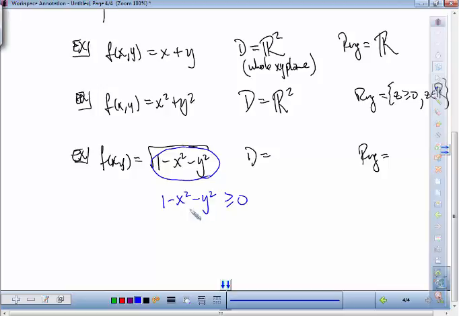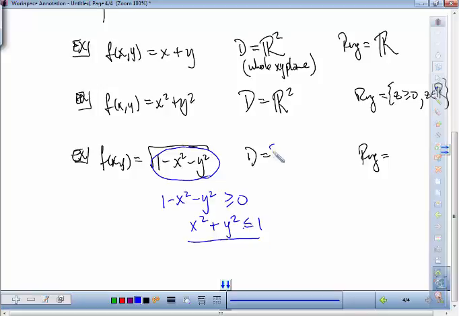So if you were to solve for this, I would bring the -1 over to the other side, and then I would have to multiply or divide by a negative sign, which you know switches the inequality. So after those couple of steps, I'm going to have my domain to be all x and y values that satisfy this equation.